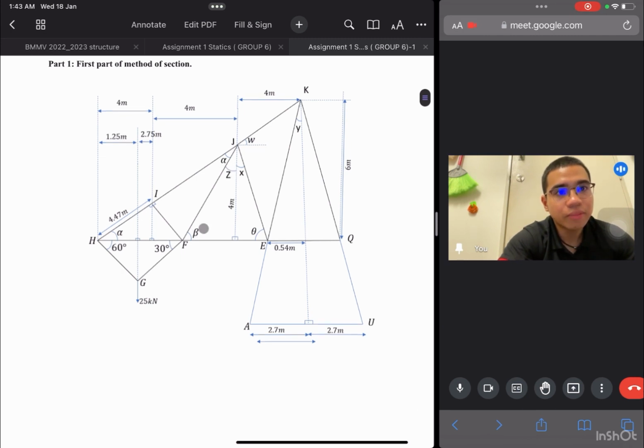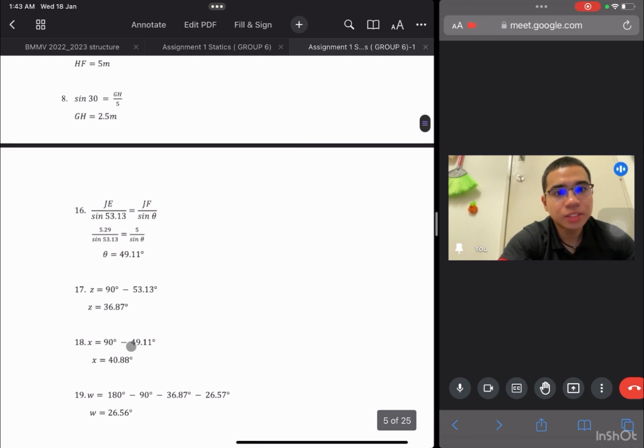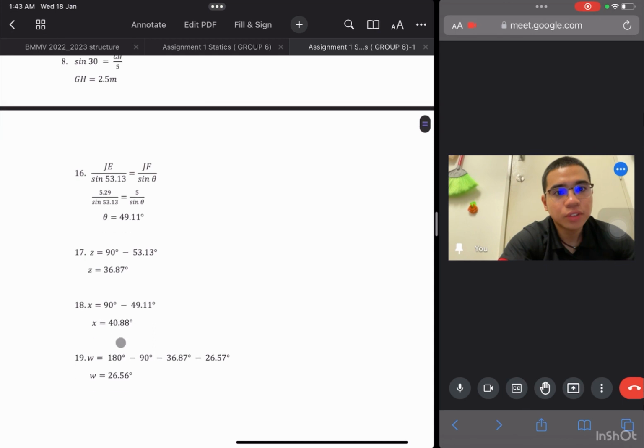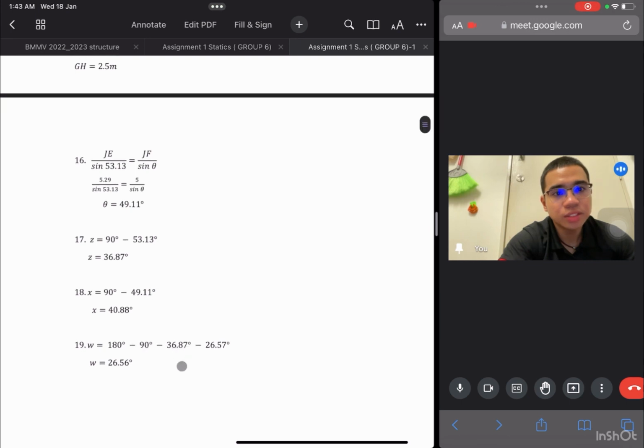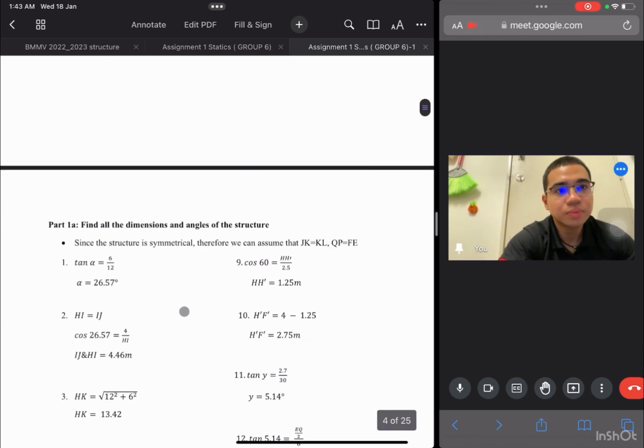Because we already have beta, so 90 minus beta equal to Z. Okay, X, 90 minus 49.11, so equal to 40.88. And W equal 180 minus 90 minus 36.87 minus 26.57. W equal to 26.56.